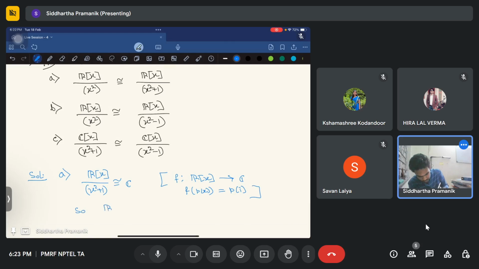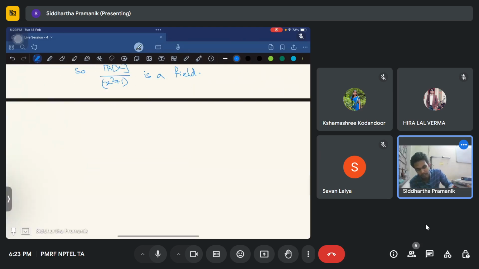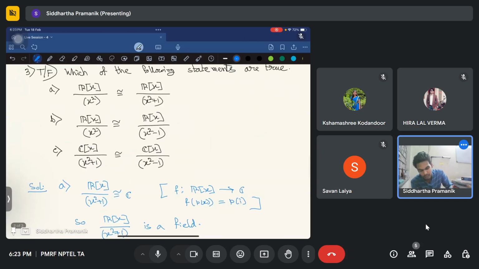So R[x] mod x squared plus 1 is a field. But is R[x] mod x squared a field? What do you think? To check whether it is a field or not, you need to check whether this ideal is maximal or not. This ideal is not even a prime ideal.